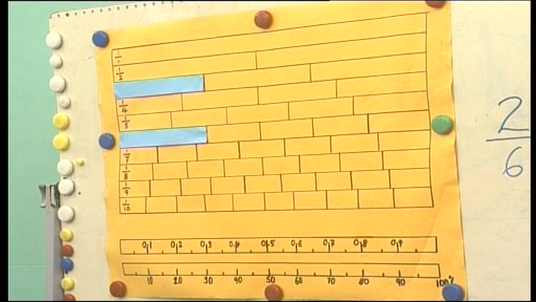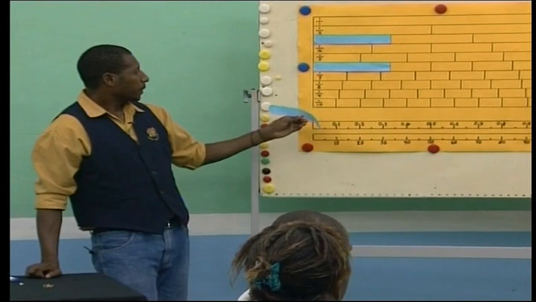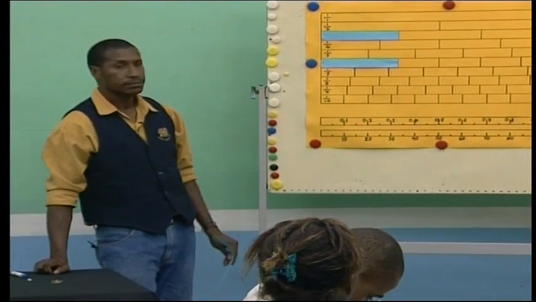Okay, let's have Glenda. 3/9. Can you come and place this strip of paper on 3/9?